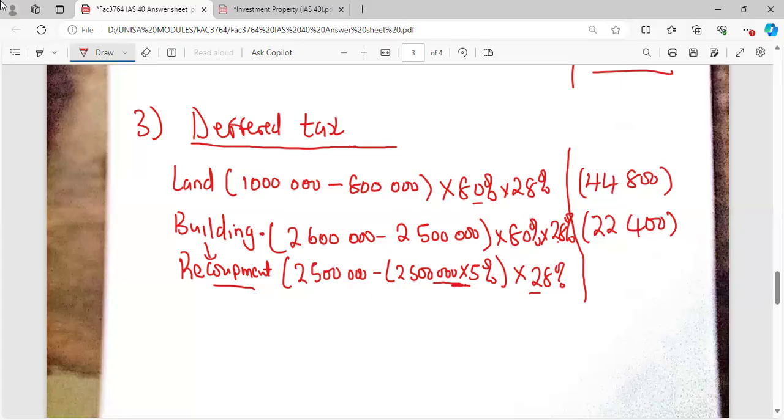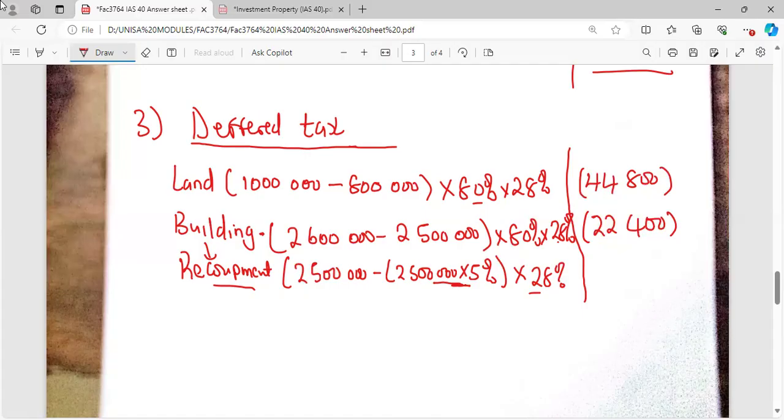So it's going to be 2,500,000 minus, you remember the 125,000 we have already calculated, the 5%. So it's going to give us 2,375,000. So it's 2 million minus 2 million. Yeah, it is correct.